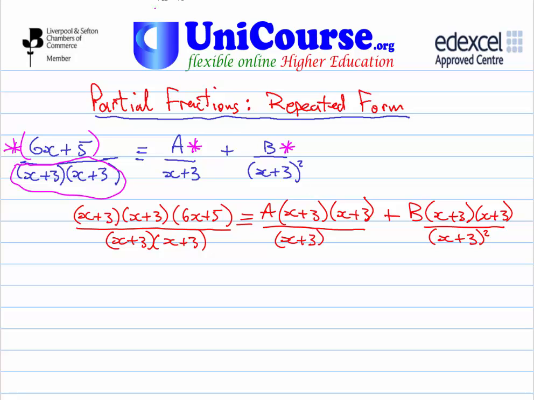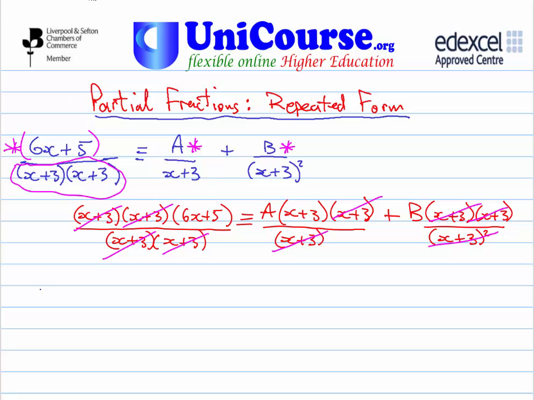We can notice that there's some cancelling out needed here. That bracket cancels with that one, and this bracket cancels with that one. These two brackets, when multiplied together, give you x plus 3 all squared, which is what sits on the bottom. So that all goes out.